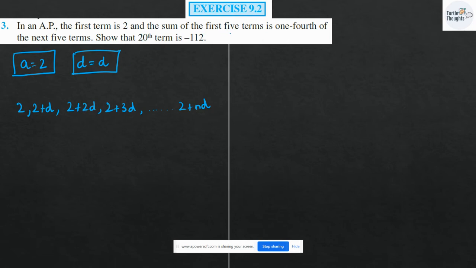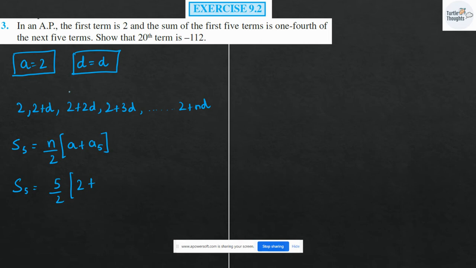What they have given, the sum of first 5 terms. What is going to be the sum of first 5 terms? So S5, what will this be equal to? Will it be n by 2 multiplied by a plus an, right? So I can substitute S5 will be equal to 5 by 2 multiplied by a, which is 2, plus a5. What is a5?